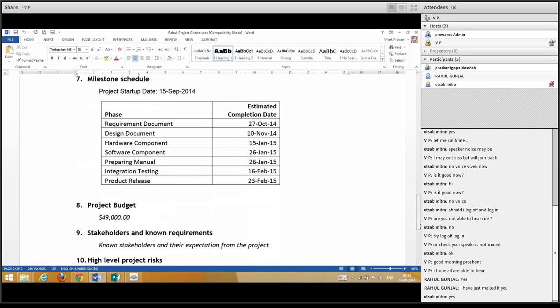Milestone schedule: requirement document, design document by 10th November, hardware component by 26th January, preparing manual, integration testing by 16th February, and product release by 23rd February.